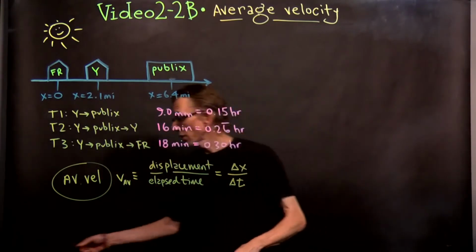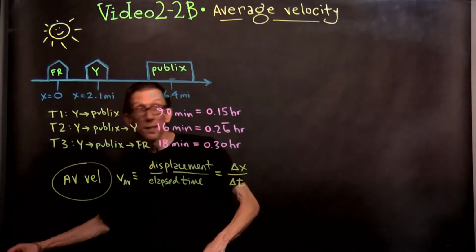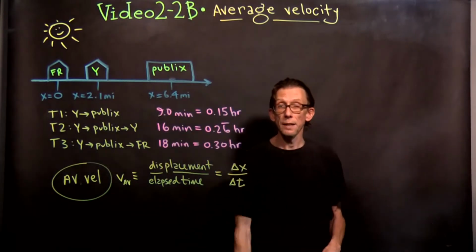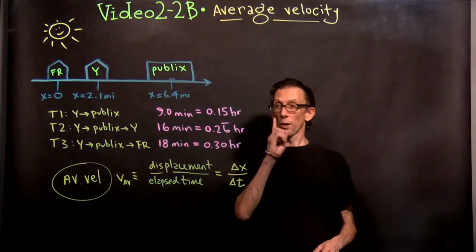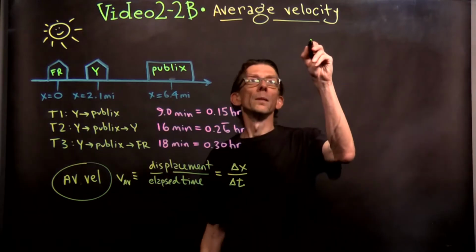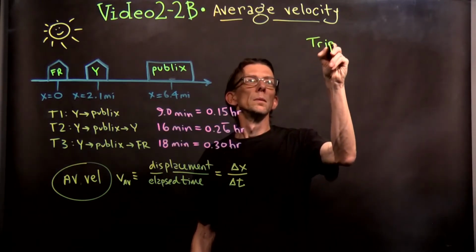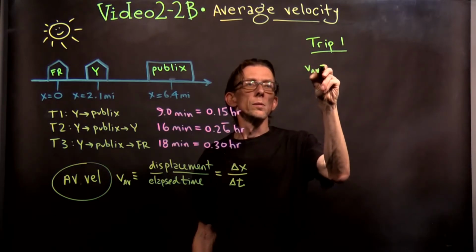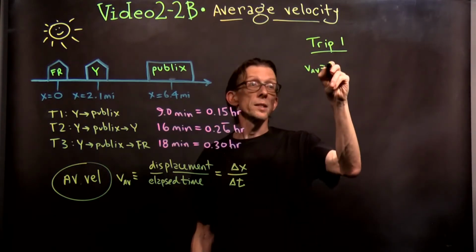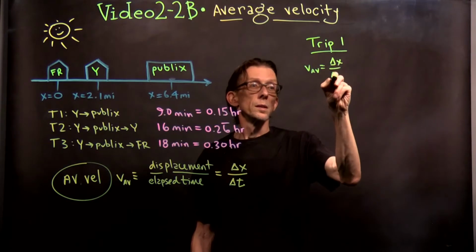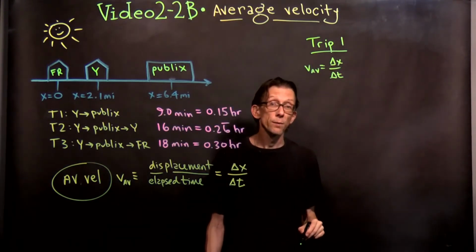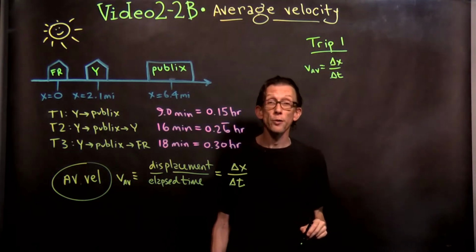So let's do our calculations now. In each of our three trips, find the average velocity. Trip 1. V average is delta x over delta t. We've already found the displacement for all three trips.